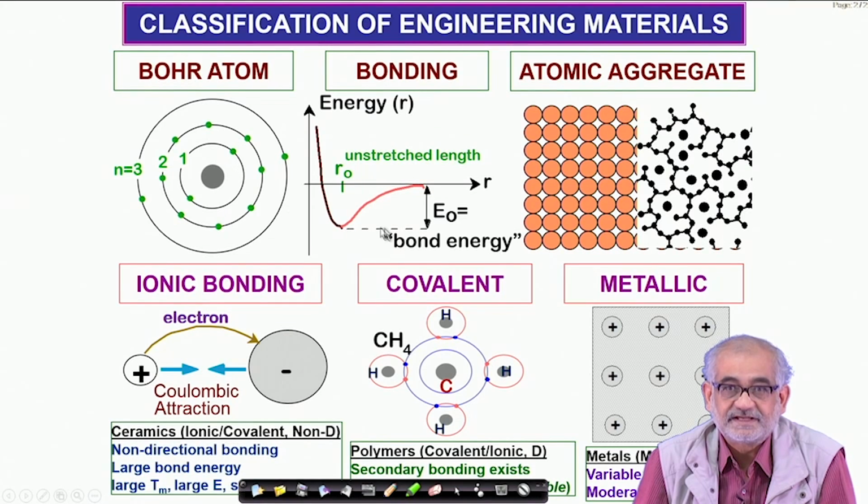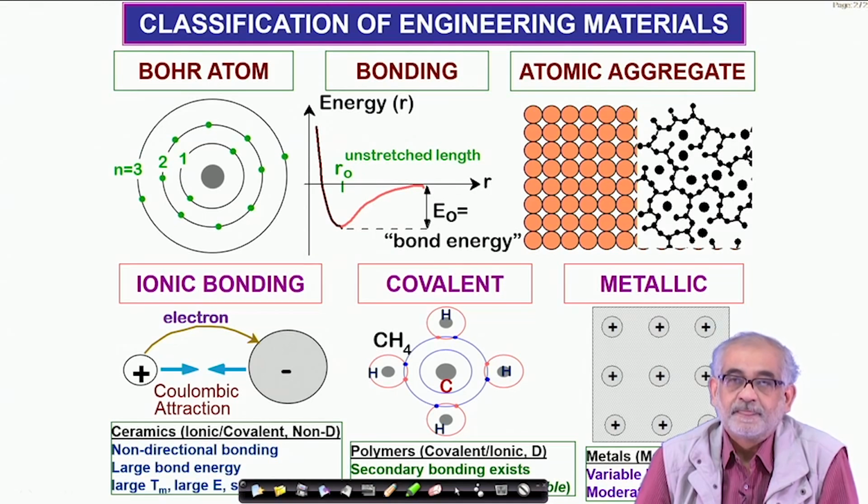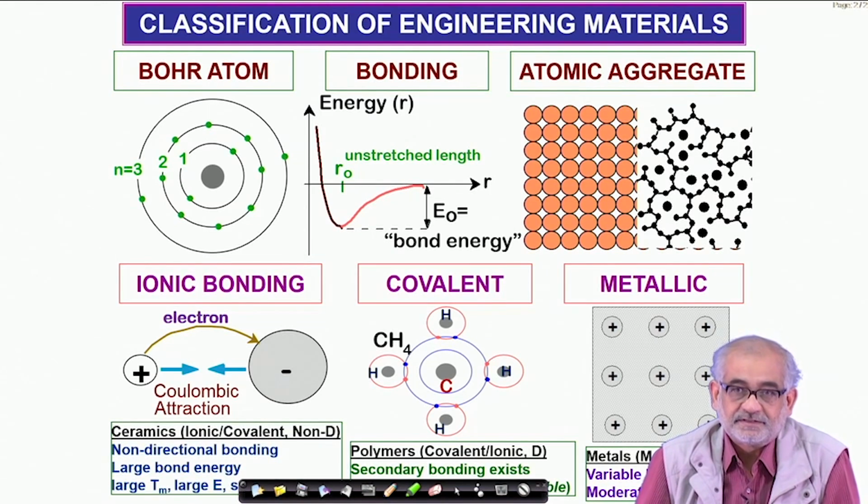As we all know, these are the metallic materials, the polymeric materials, or ceramic materials. But where is this classification coming from? We are going by certain traits which are absolutely unique.